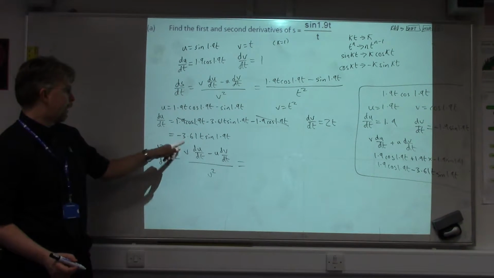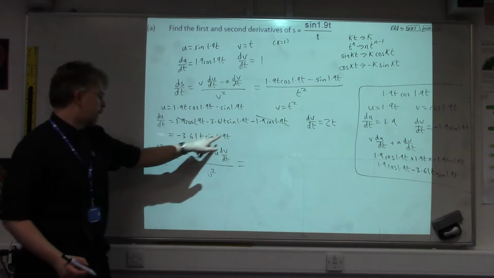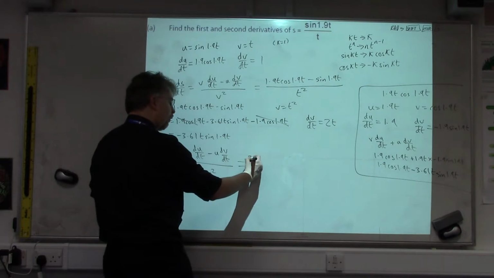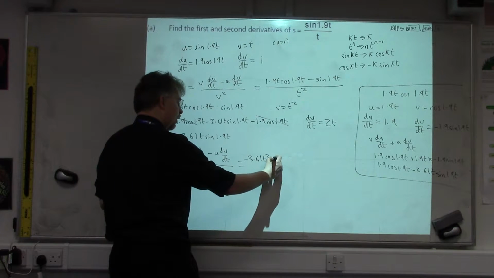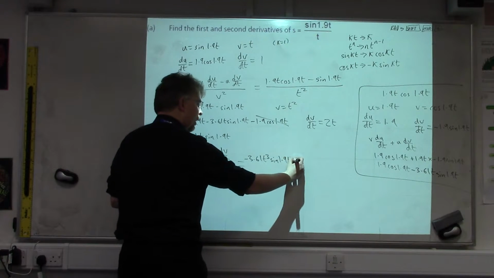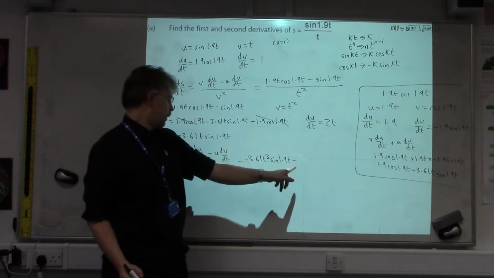So v times du by dt, well, t squared times t is t cubed, so we'll get minus 3.61t cubed sine 1.9t, minus u times dv by dt.